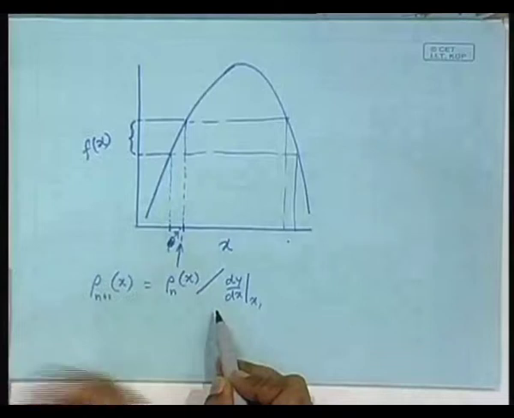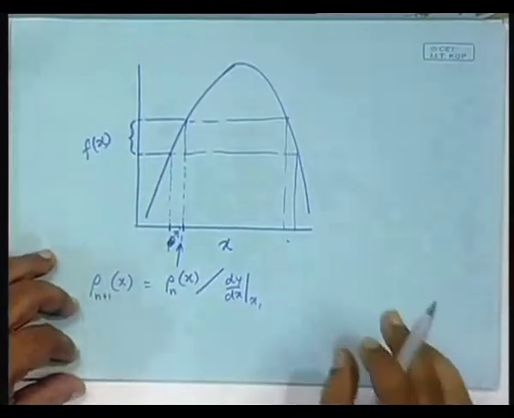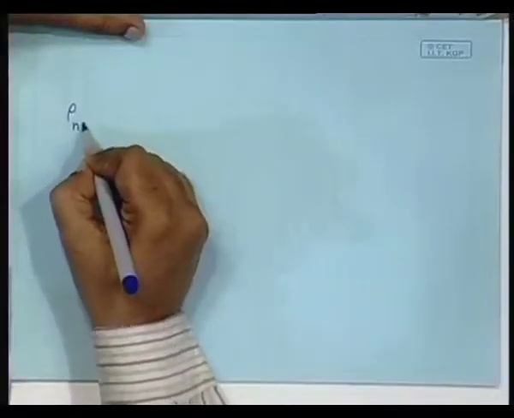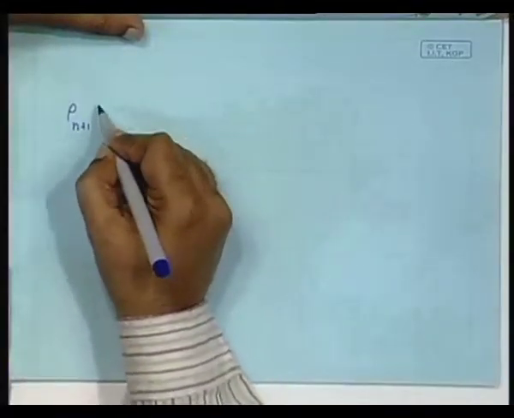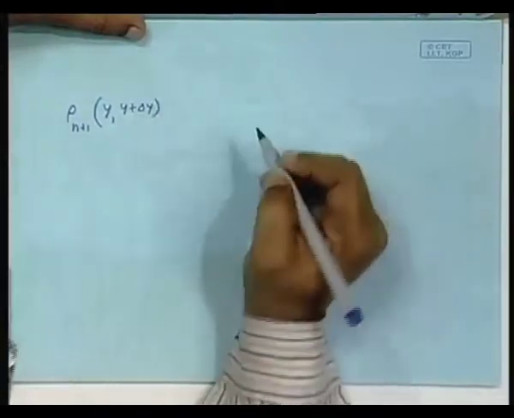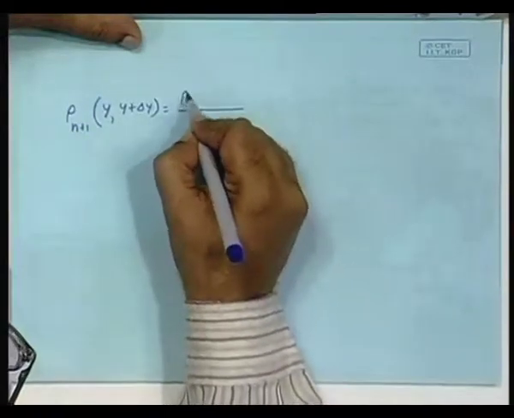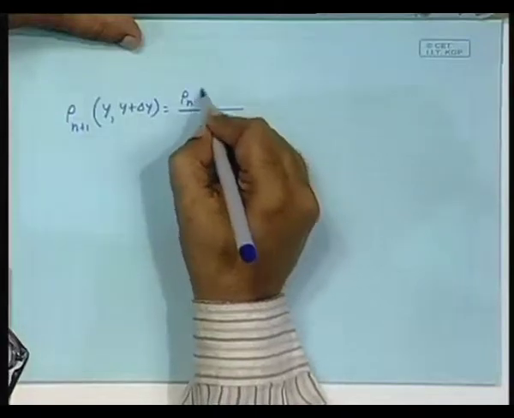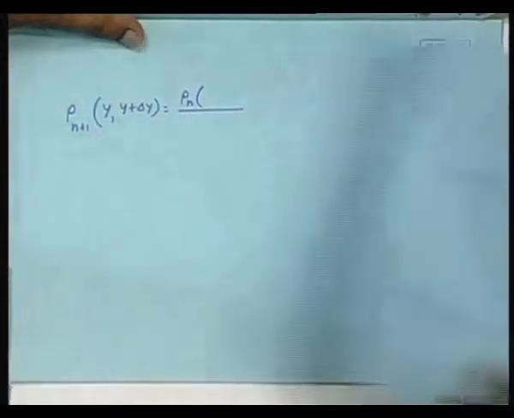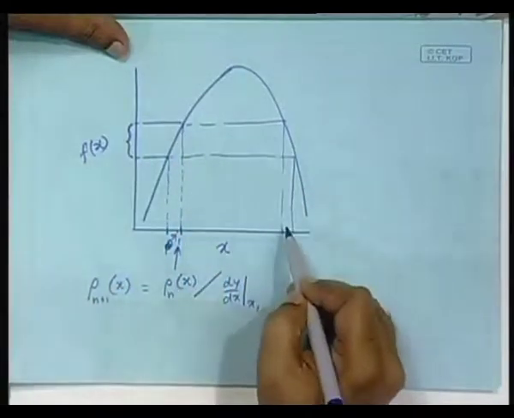Okay. So, ultimately when you write it, it has to be written as a summation, and let me write on a separate piece of paper. So, rho n plus 1 in the range y and y plus delta y is equal to rho n. Suppose this y comes from x1, x2, x3 and all that.